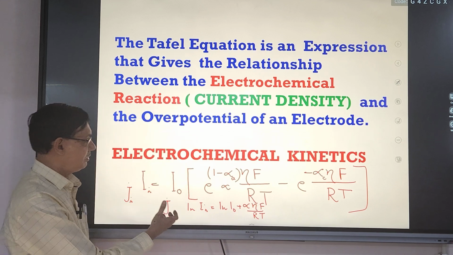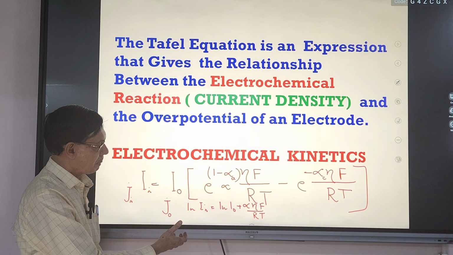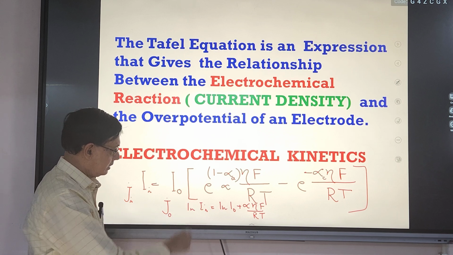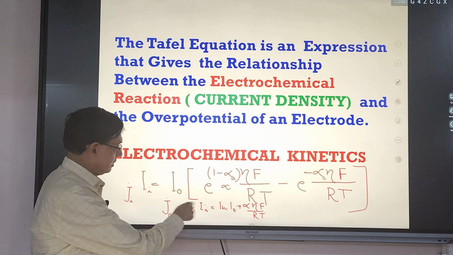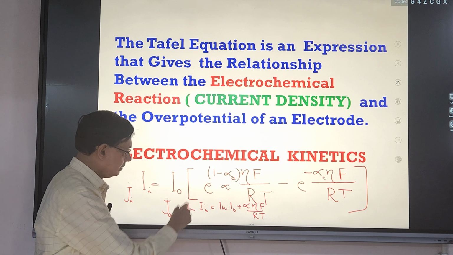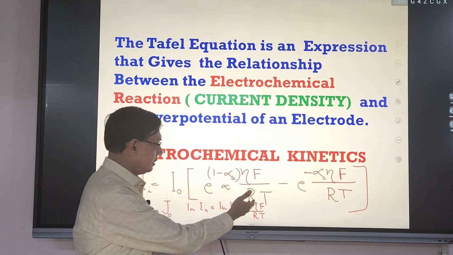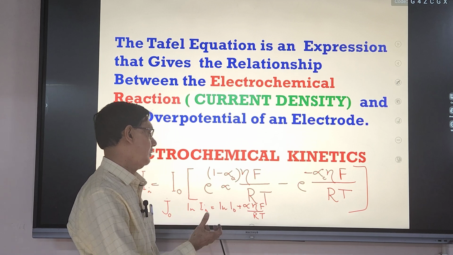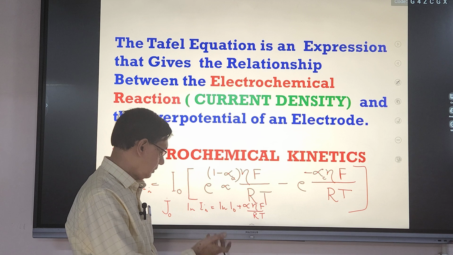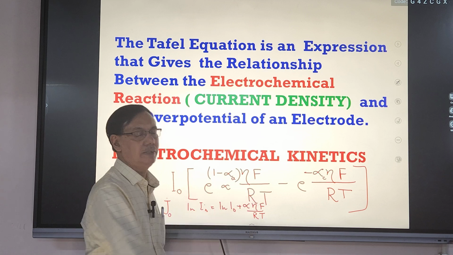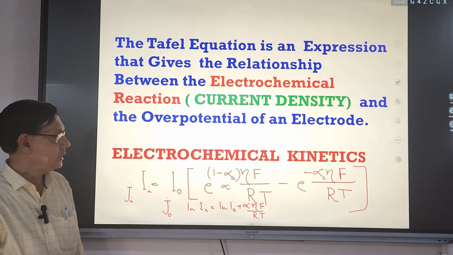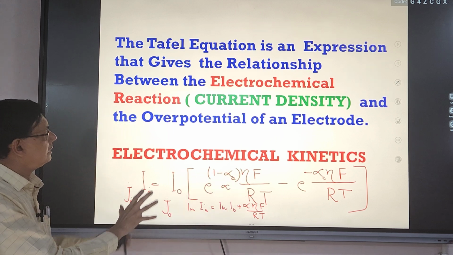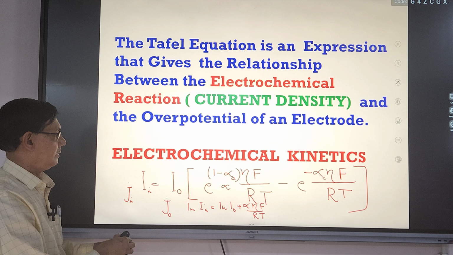So it is a relationship. If I plot a graph between the log of exchange current and overpotential, there may be a slope value, that slope may be (1 minus alpha) or whatever it is, and with the help of this we can determine the value of alpha. So in a nutshell, this is called the Tafel plot. Correct.